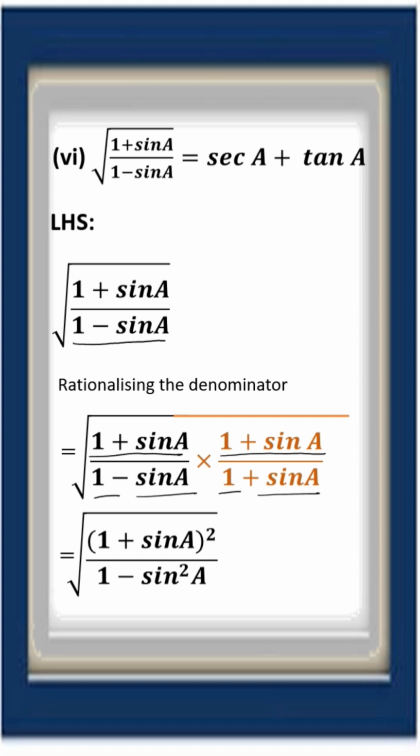So that is equal to under root 1 plus sin A the whole square upon 1 minus sin square A. Here in the denominator we have 1 minus sin square A. By Pythagorean identity we have sin square A plus cos square A is equal to 1. So 1 minus sin square A is equal to cos square A.